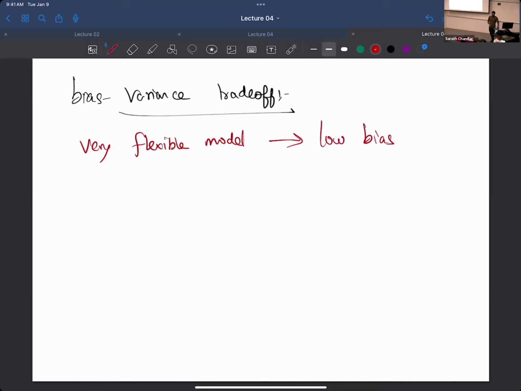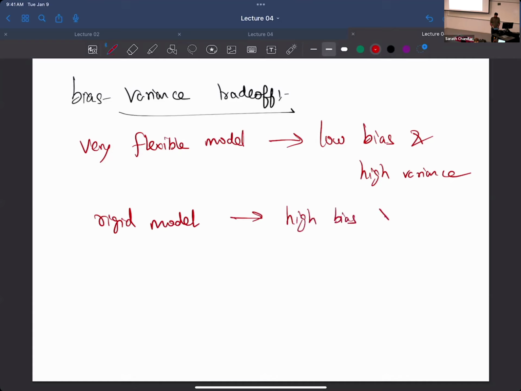However, because the model is too flexible, there is a very high chance of being too sensitive to the data set that you're looking at, which means the model could have high variance. On the other hand, when you have too rigid models, the best example is linear regression, it has a very high bias, but the variance is low.